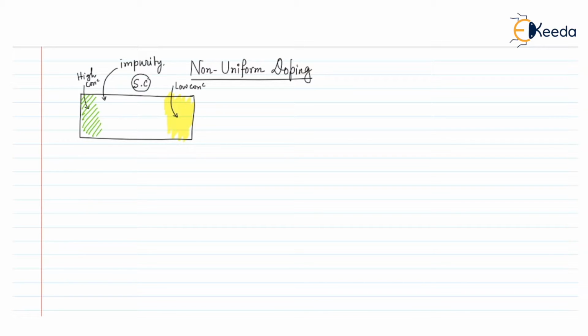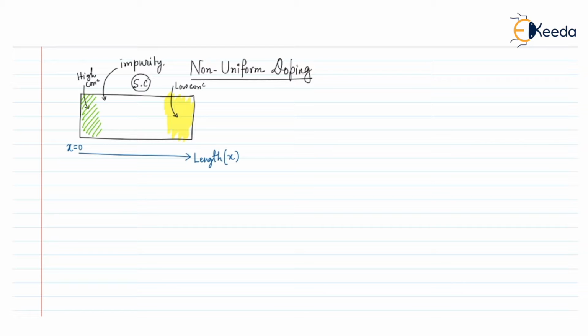So in this semiconductor the doping concentration of the impurity is not constant throughout the length of the semiconductor. Suppose this is x equals 0 and this is the length of the semiconductor, which I am denoting as x. So the impurity concentration is not uniform throughout the length.